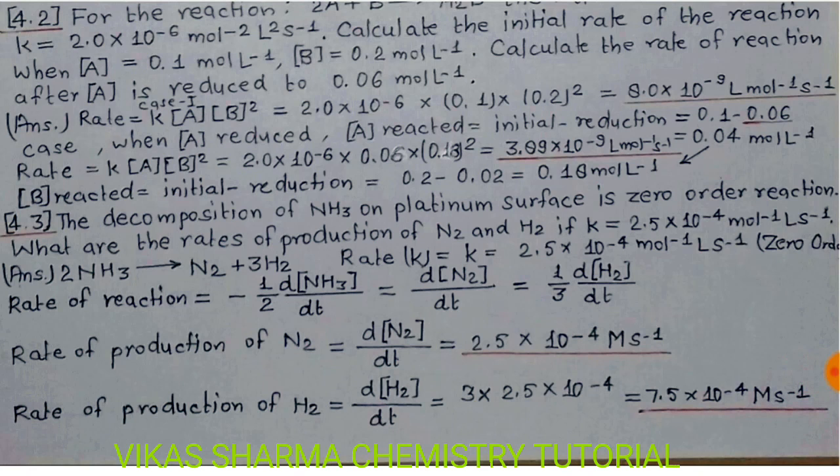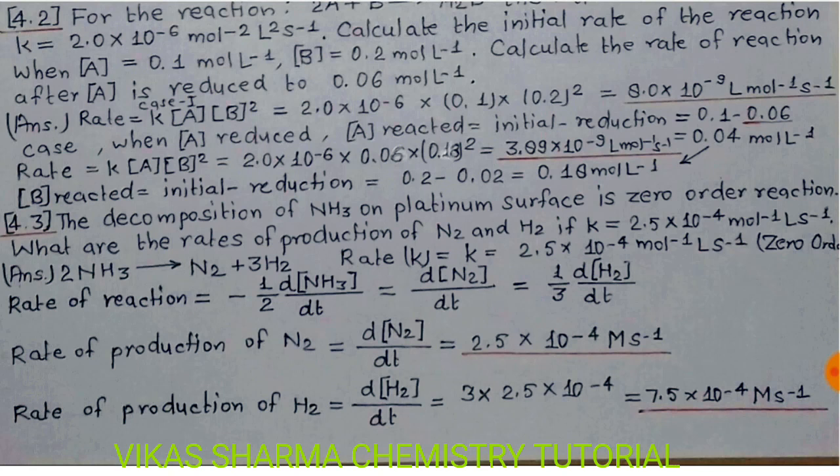Calculate the initial rate of the reaction when concentration of A is 0.1 mole per liter and concentration of B is 0.2 mole per liter. Calculate the rate of reaction after concentration of A is reduced to 0.06 mole per liter.